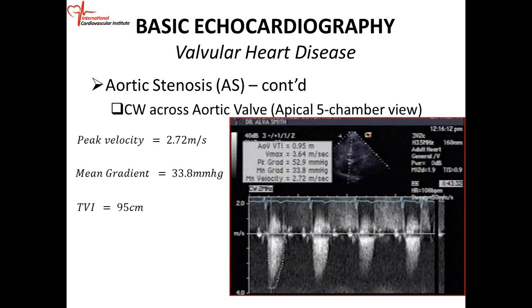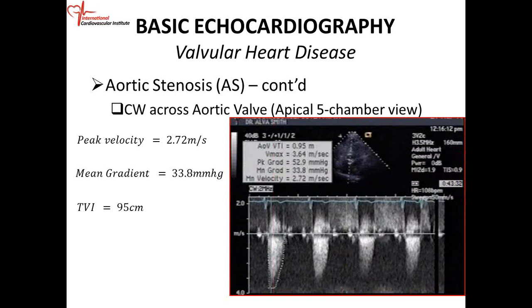Remember, velocities of 1.5 meters per second or less, pulse wave. Velocities greater than 1.5 or 2 meters per second, CW. So high velocity, use CW; low velocities, use pulse wave.